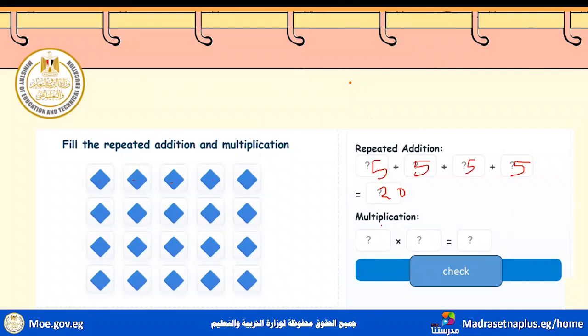What about multiplication? I have 4 rows. Each row has 5 squares. Total must be 20. The same total by repeated addition or by multiplication. Let's check our answer.